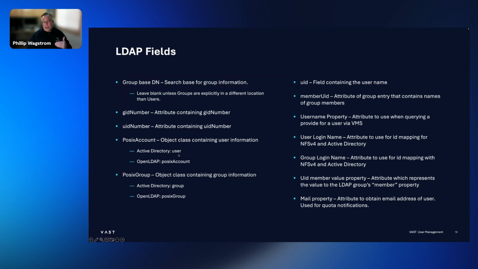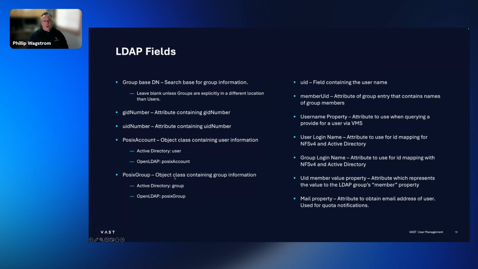In most cases for Active Directory, the object class, which defines what kind of object it is, is going to be a user object. Otherwise, with OpenLDAP, it's going to be a POSIX account. Same thing with the group, or POSIX group, depending on which one you're using. But these are all, again, very straightforward.